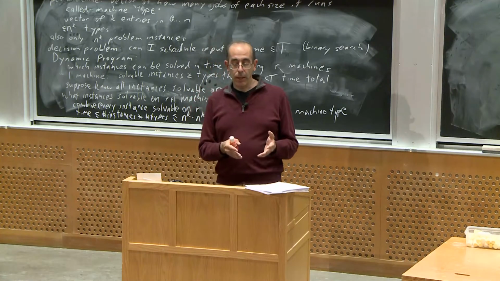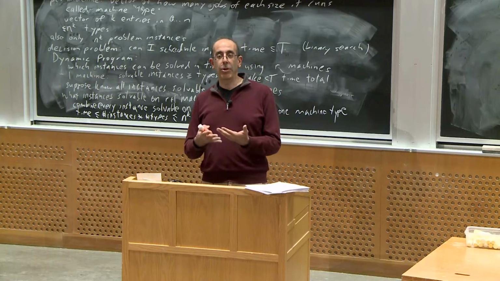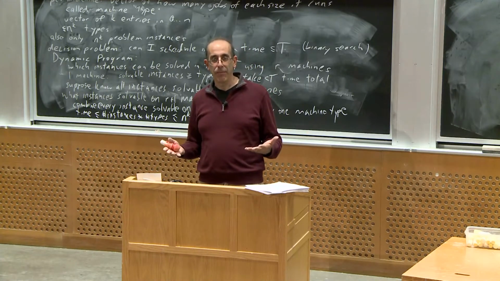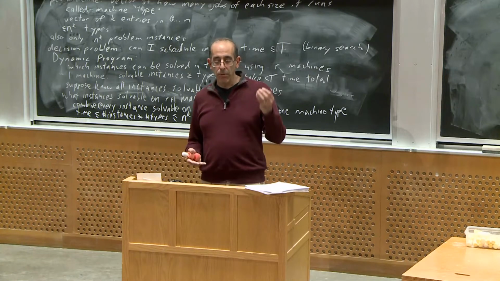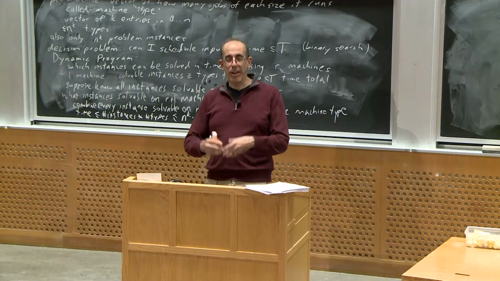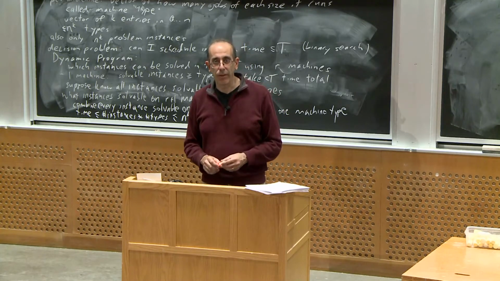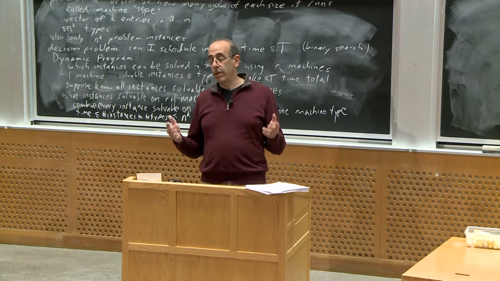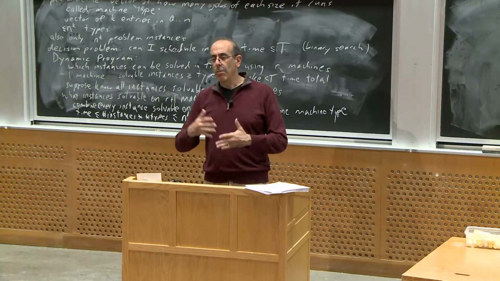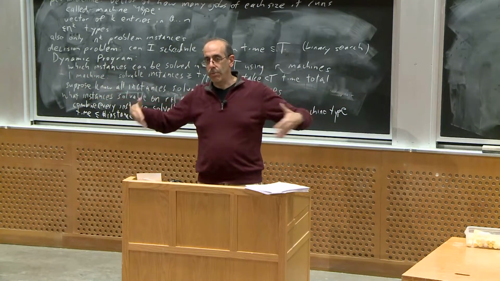Well, we basically need to take any two machines and put them together, add up their jobs, and that's an instance that can be solved on two machines, right? So we take the combination of any two machines, and that gives us an instance that can be solved on two machines. Now, if we were really going to brute force things, we could also talk about taking any combination of three machines and combining their jobs. But then you're going to start getting this sort of exponential growth.